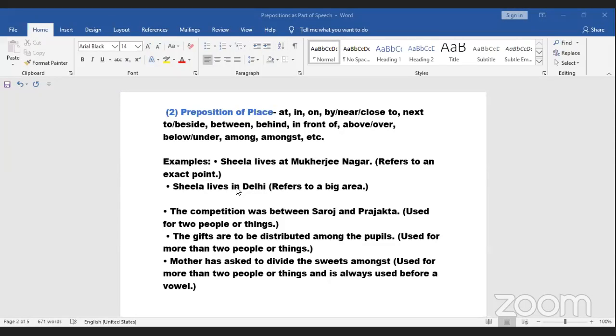All right, each other is for two people or things, whereas one another is for a group of people. Similarly, between is for two people or two things, between this guy and that guy, between Kerala and Karnataka, between 3 p.m. and 4 p.m.